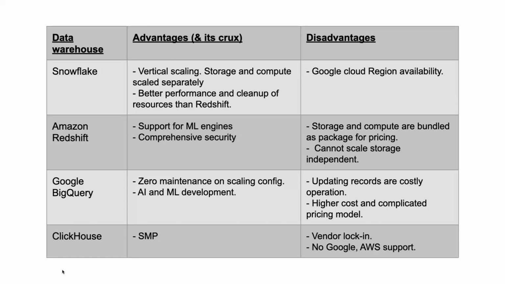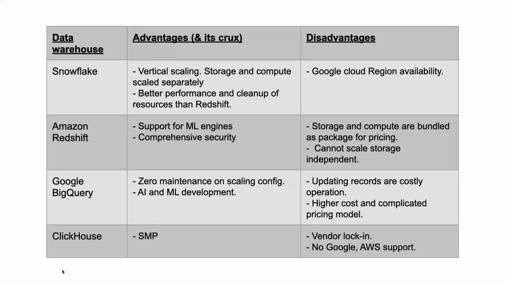And when it comes to Snowflake, the main advantage is you can scale storage and compute independently, and the performance is better than Redshift and Google BigQuery, and similarly the cleanup of resources is also better than Redshift. The main disadvantage of Snowflake is that it is still evolving in the market.